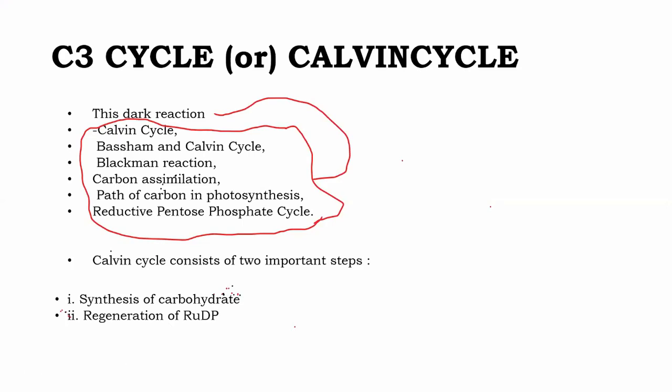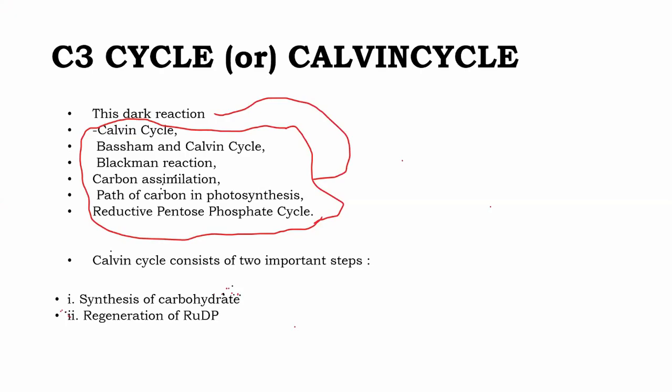So there are three major cycles: C3 plants, C4 plants, and CAM plants. The C3 cycle is light independent. That is generally called the dark reaction. The Calvin cycle, Calvin-Benson cycle, Blackman's reaction, carbon assimilation, path of carbon in photosynthesis, and reductive pentose phosphate cycle all need energy which is produced from the light reaction.